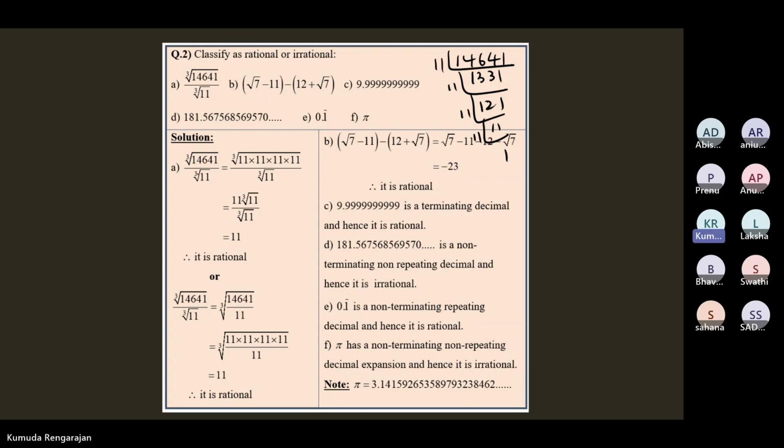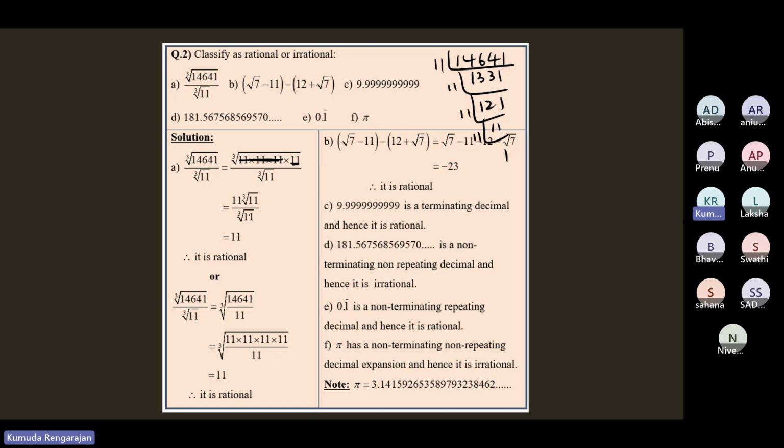From 3 11s, 11 comes out, so the other 11 remains under the cube root: cube root of 11. So this one and this one get cancelled. So 11 is the answer. Therefore, it is rational.